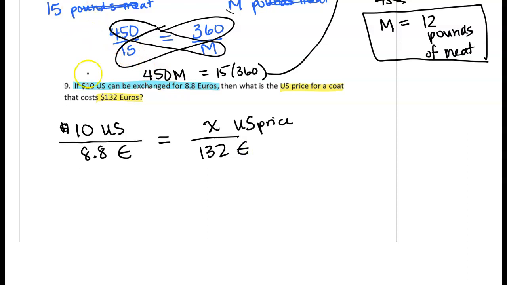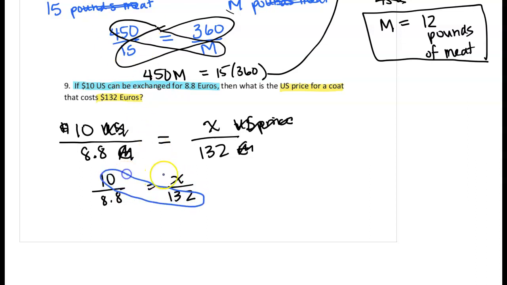So again, because we have US price and euro, we can simplify this down to just the numbers. 10 over 8.8 and x over 132. And we can use our cross products as a shortcut way to solve.